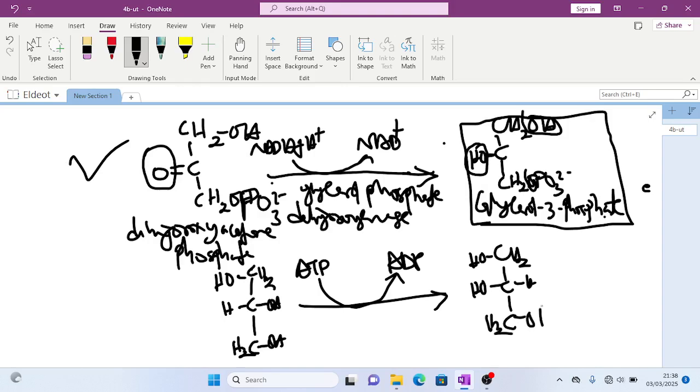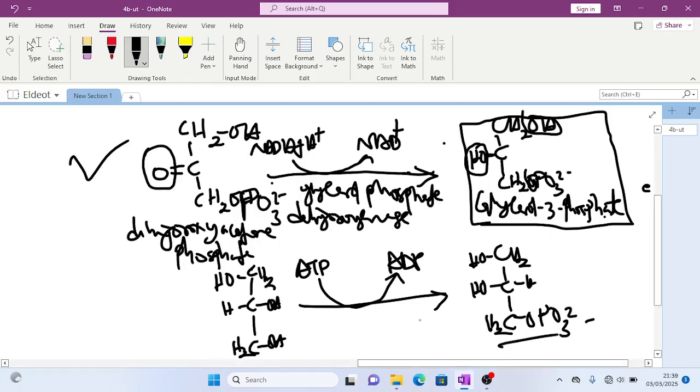So the enzyme that catalyzes this process is glycerol kinase.